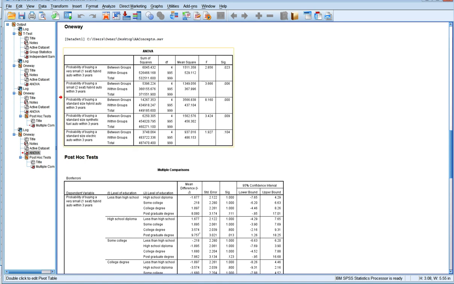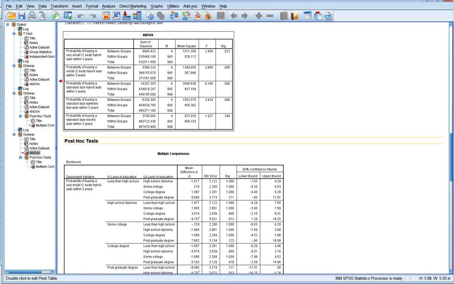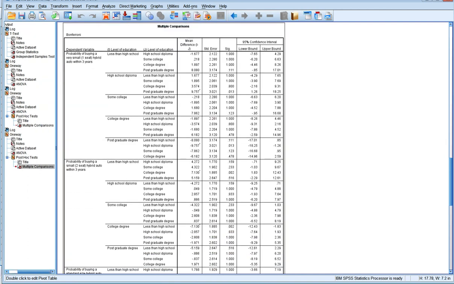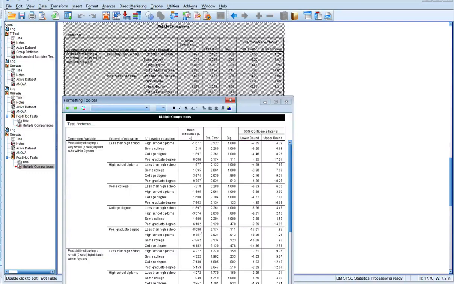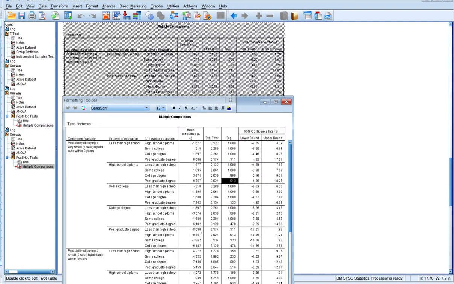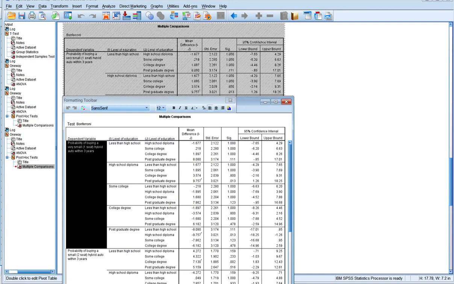Now we may want to see where those differences are. The first case is a replication of the one which we ran just a moment ago, and we can see that the 0.13 significance level for postgraduate and high school is here, and this is for the one-seat hybrid.